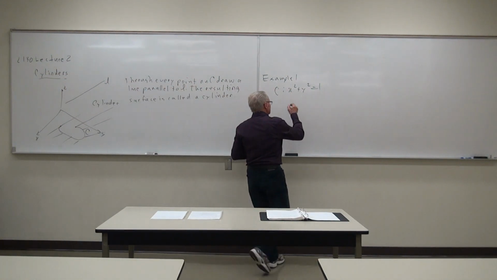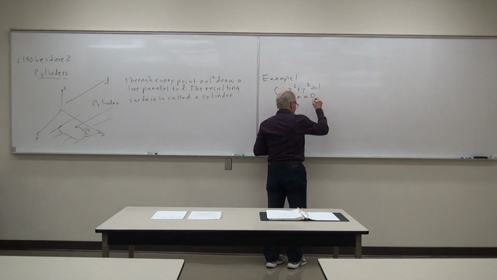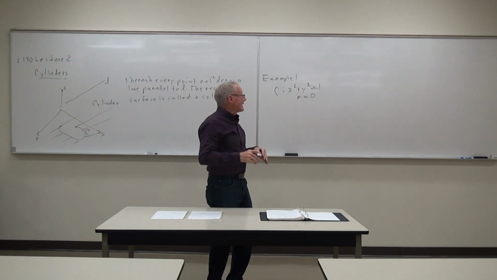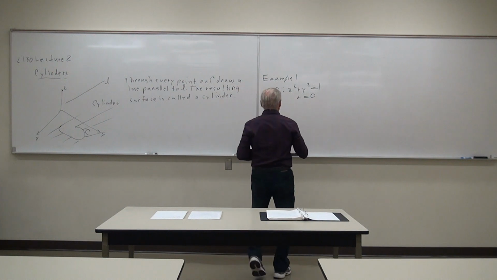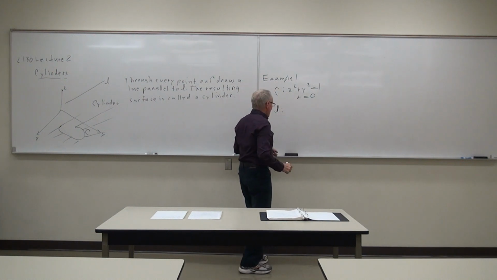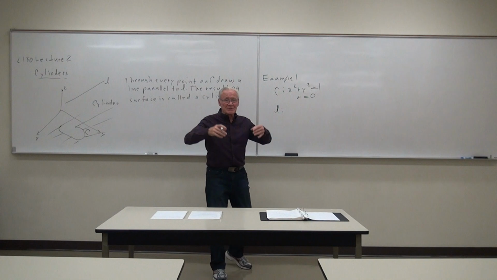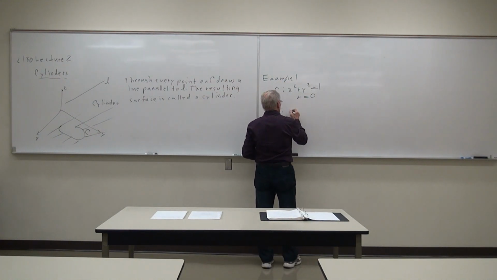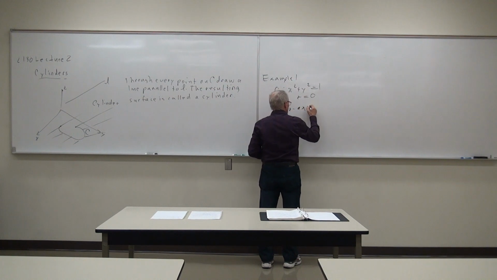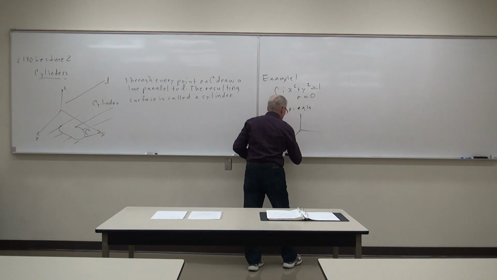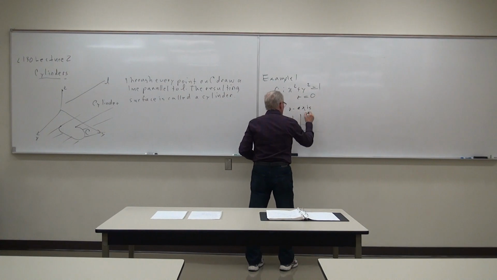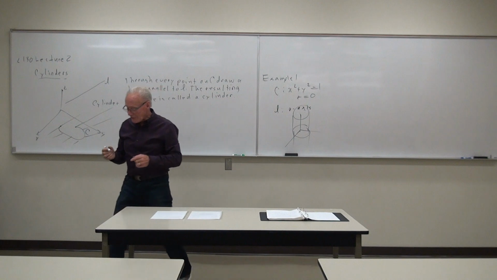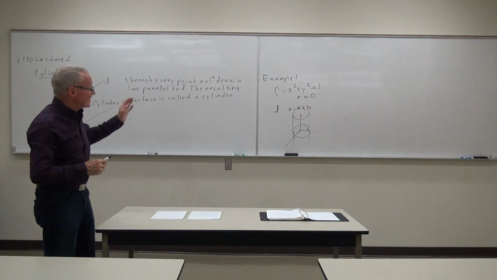If you put z equals 0 along with this, then you get the circle x squared plus y squared equal 1 in the xy plane. And what is L? What would you choose as L in order to produce this cylinder that we want, which is vertical? The answer, choose L to be the z-axis. That will generate then the cylinder of radius 1 around the z-axis. So there's a cylinder, and there's its official definition.